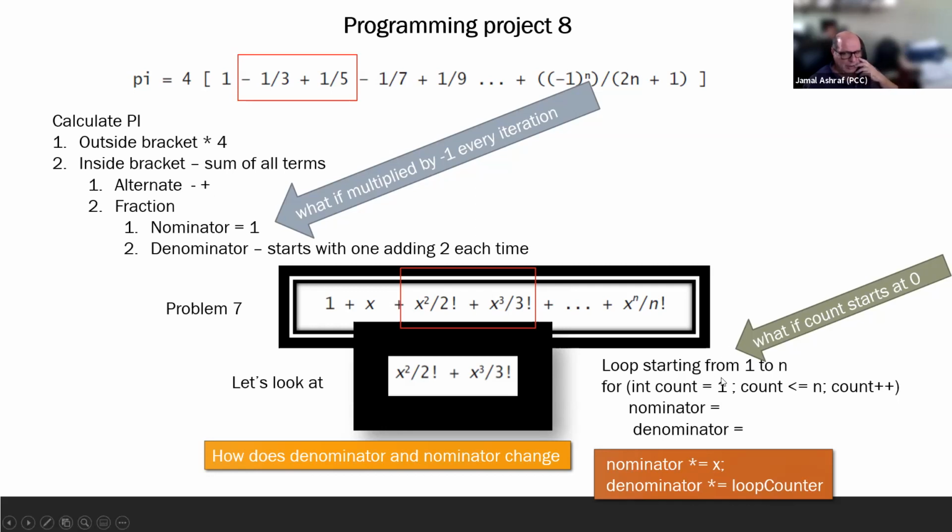So that's not going to help me. I have to start with 1. Remember, I start with the middle. Now I'm checking the boundaries, the beginning and the end. So the beginning, I cannot do this 1 through this loop. So I'm just going to leave 1 outside, the way that I did it on the top that I left 4 outside. So I'm going to calculate the rest of this stuff, and then I'm going to add 1 after the loop.